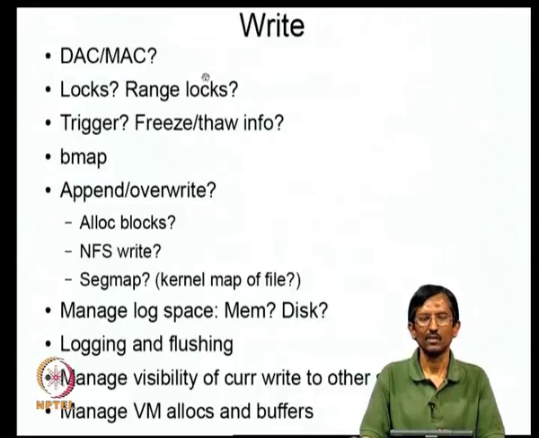Other thing is, writes can have what are called range locks. For example, there are some locks available at user level, there are some locks available at the kernel level. What are the kinds of locks available at user level? There is something called fcntl, which basically stands for file control.